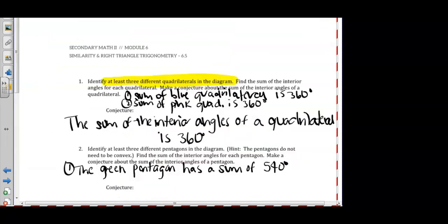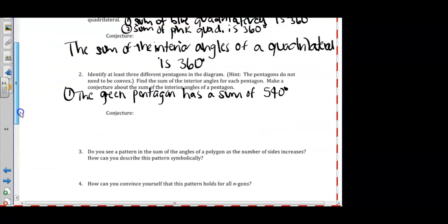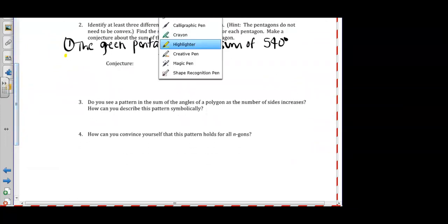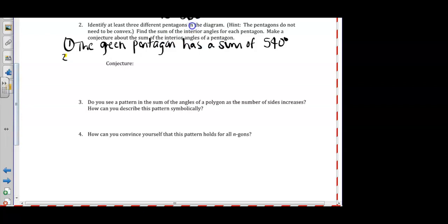And we should also get 540. So the yellow pentagon, let's make sure we're not using highlighter. Number 2, the yellow pentagon has a sum of 540 degrees.